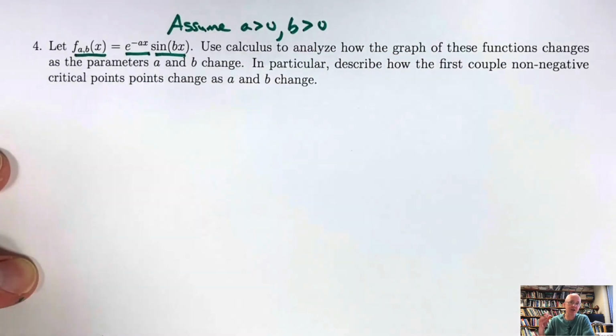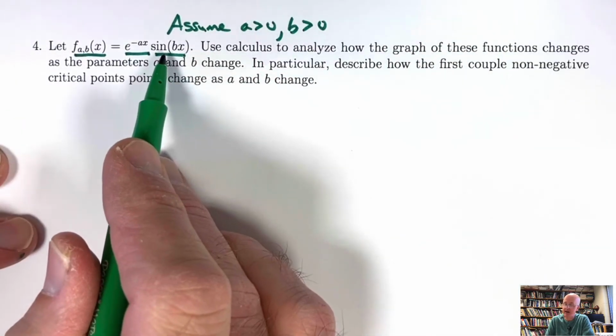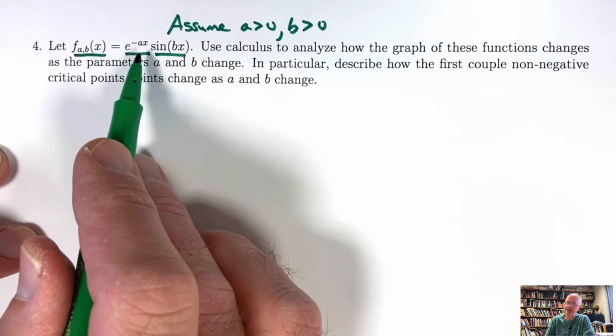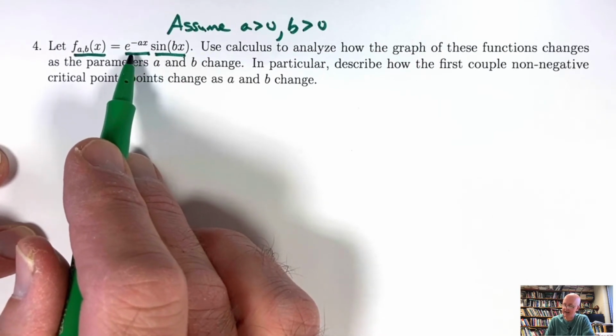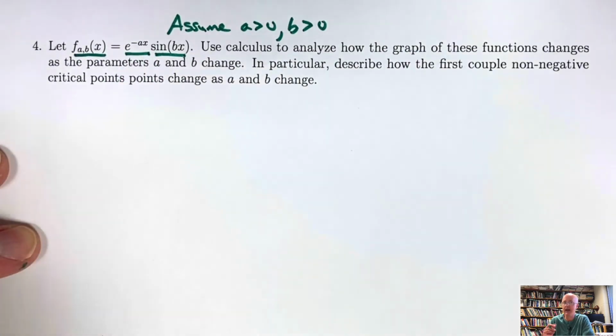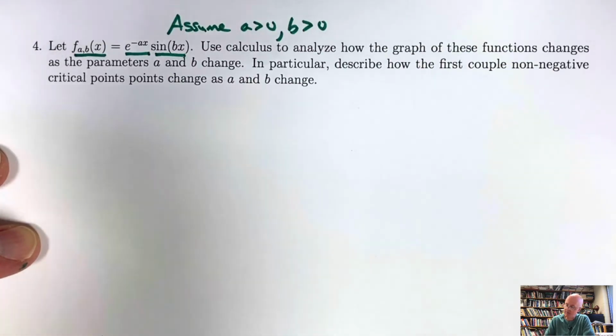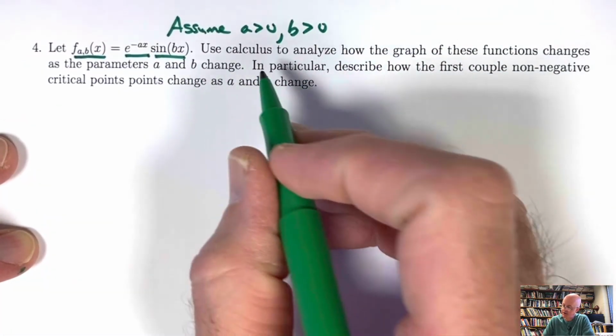One particular application is a mass on a spring oscillating with some friction. The oscillations are modeled by the sine function, and the friction is modeled by the exponential decay. E to the negative ax is an exponential decay in that oscillation over time, if x is time. The amplitude of the oscillation gets smaller and smaller. Okay, so this is a pretty important kind of function.